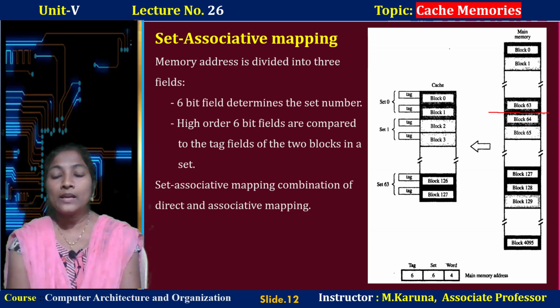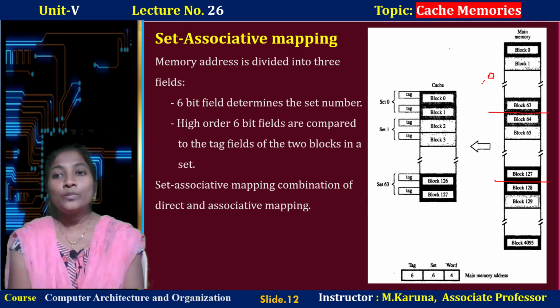Total main memory is divided into 64 groups. In direct mapping, the entire memory was divided into 32 groups. In this case, set associative mapping, the entire memory is divided into 64 groups.